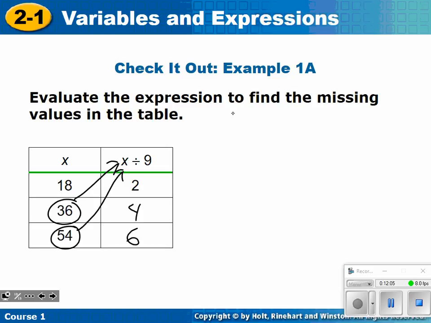I'm glad you said that. Because here's what's going to happen. I would bet a Twix bar that I'm going to have people who say, "Oh, Mr. Eichmann, I see a pattern. It's going 2, 4, 6. This has got to be 8."